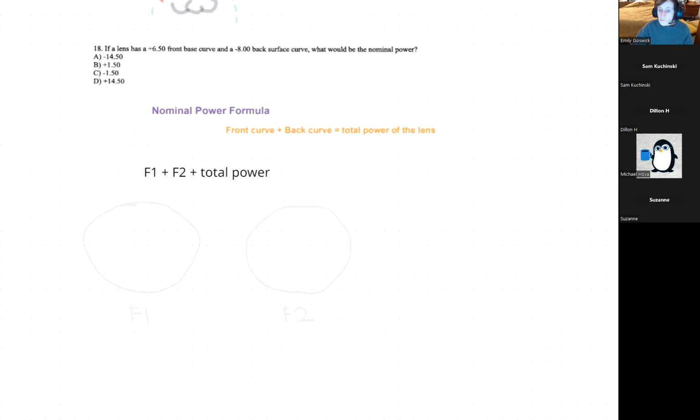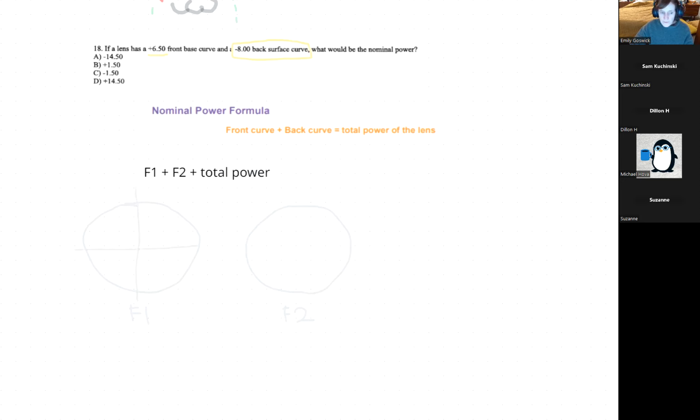So there's only one front surface curve, which makes sense, right? Because there's only going to be one curve on the front. But the really important part here is that there's only one back surface curve. If the lens had astigmatism, it would have two back surface curves. And I know there's a question in this that we'll go through with that example. So if you can't quite remember what that's going to be like, we'll go ahead and do that.